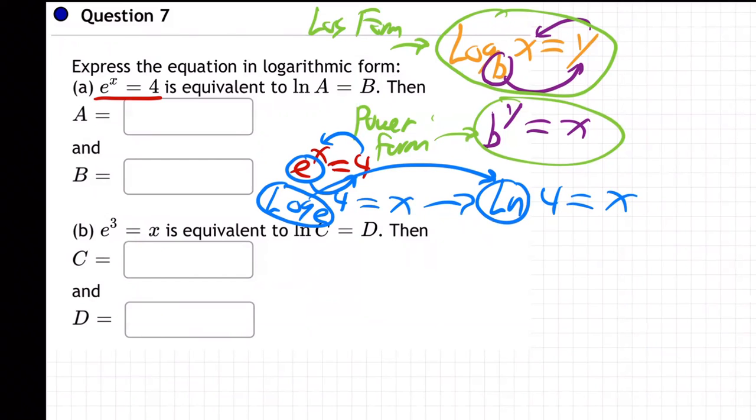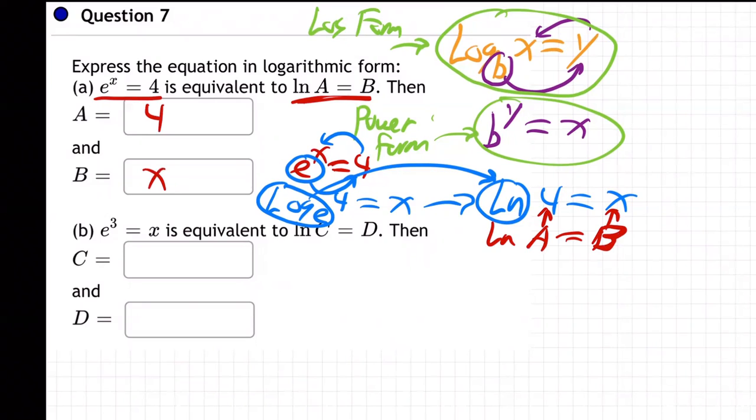Every logarithm really has a base, and ln, which is natural log said backwards, logarithmic natural, French word, natural log is how we'd say it, is base e. It's that special number e. So anyway, they asked me to change it to the form ln of A equals B. So now I can tell that A is 4 and B is x.